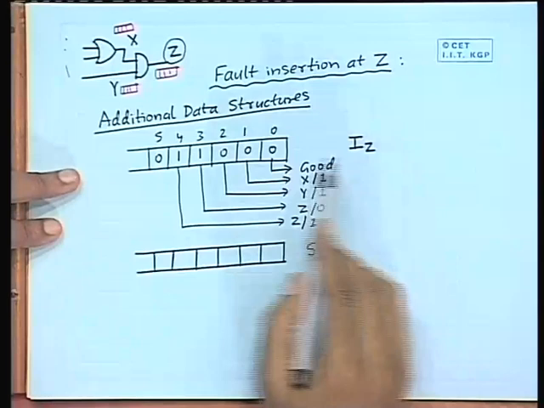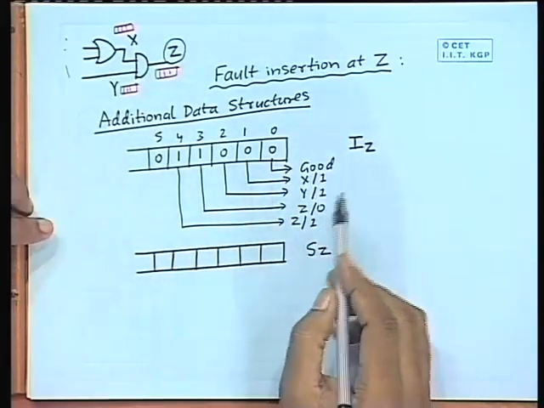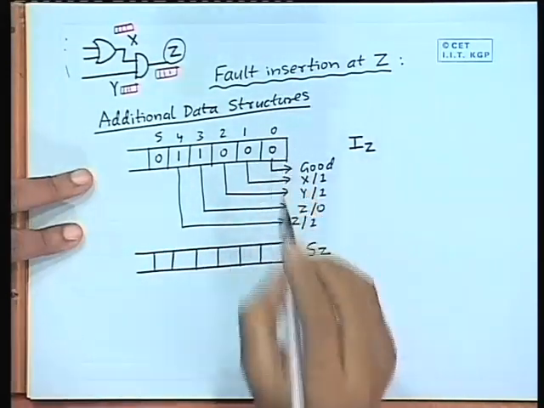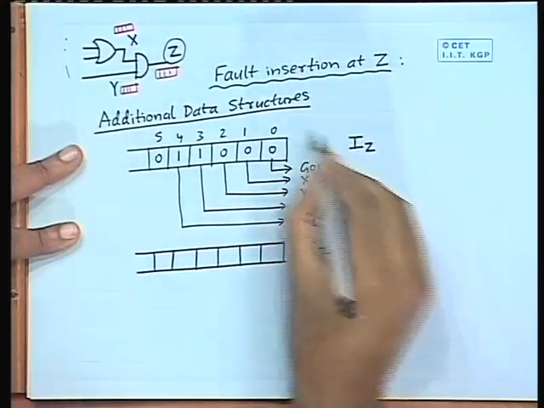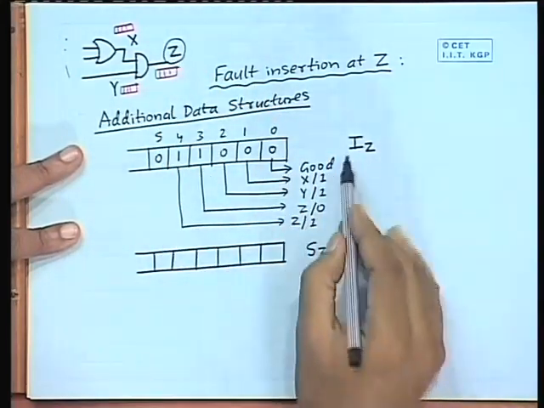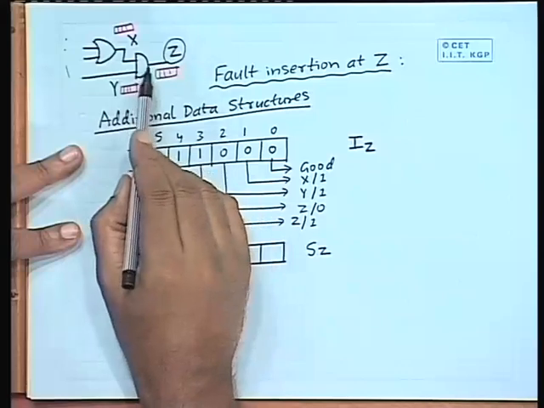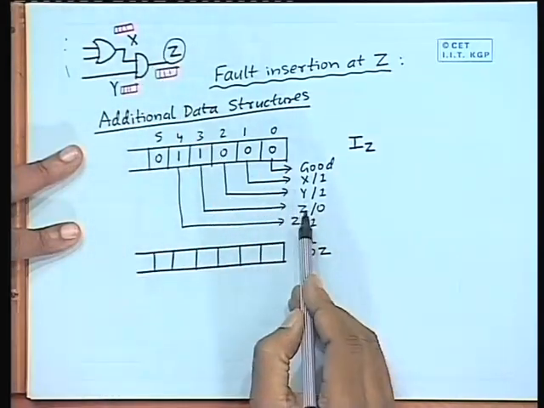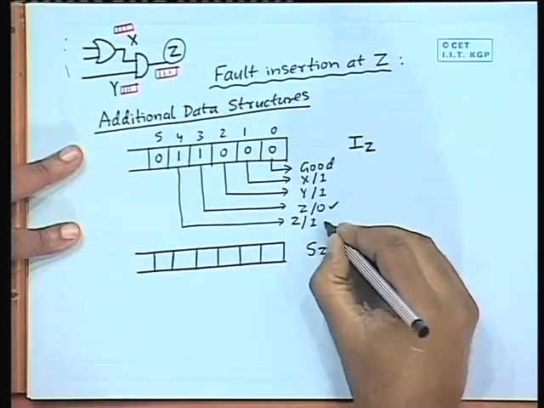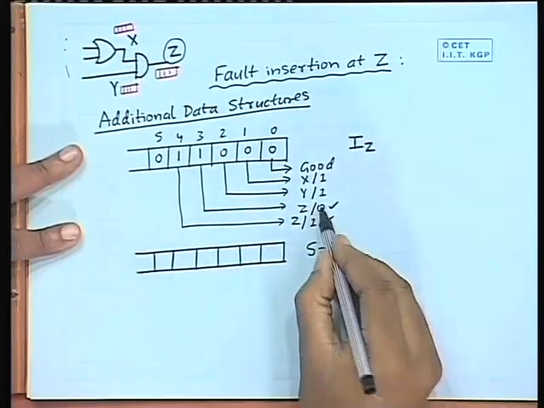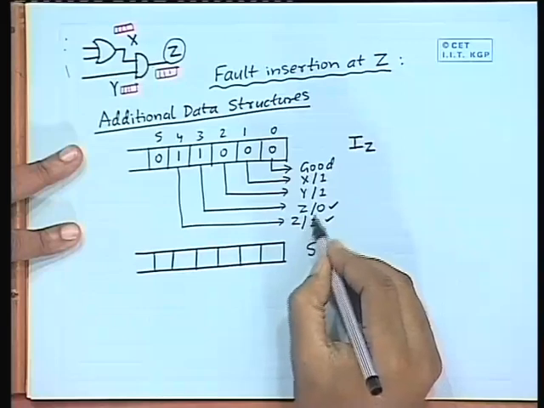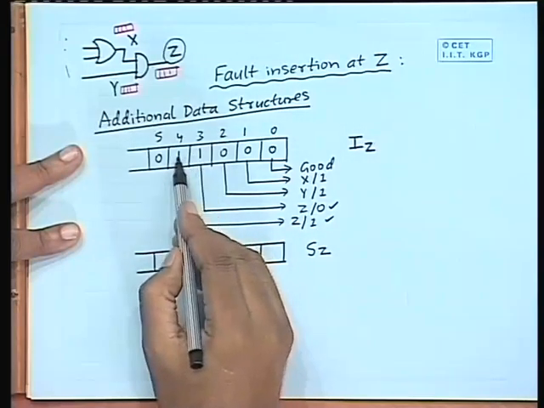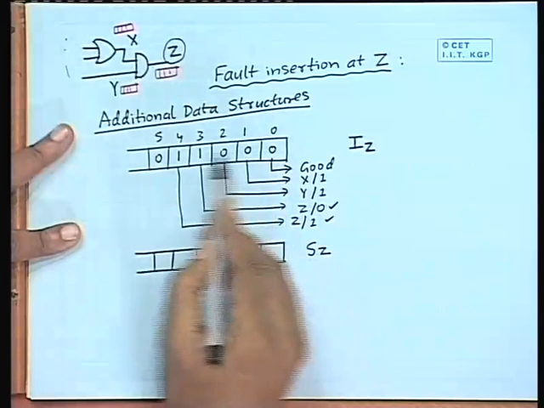This IZ is not exactly this list, rather it tells you that we are right now trying to inject a fault on Z. So, these are the two faults of our interest. The faults which are of interest now, I am setting those bits to 1, rest all are zeros.